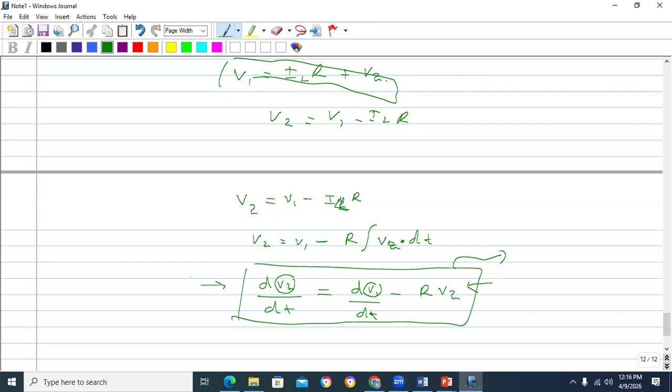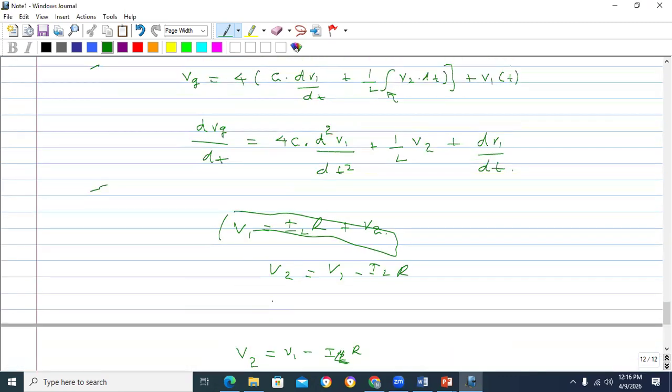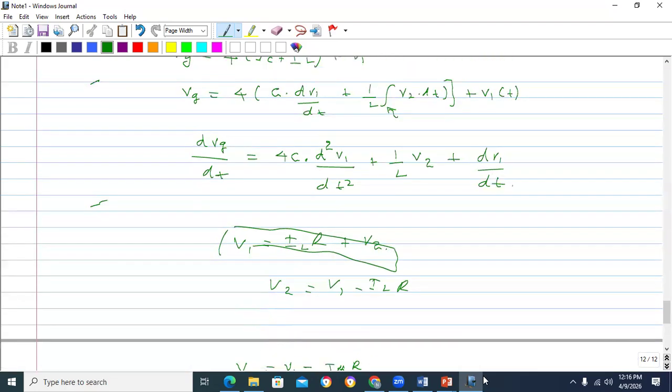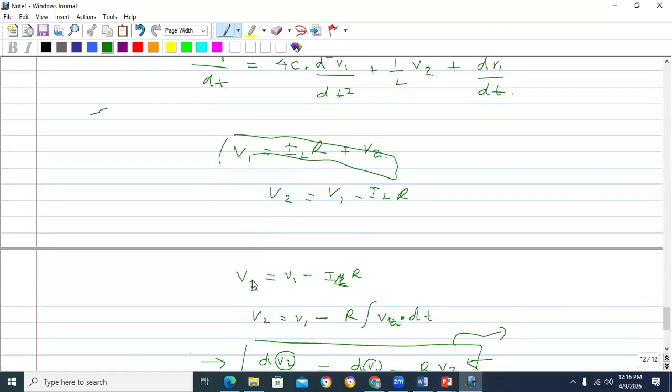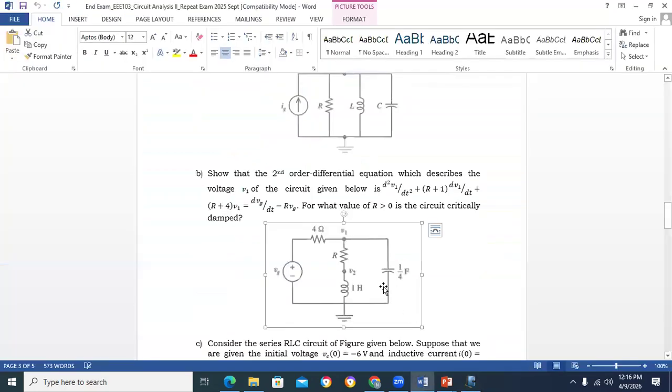Okay, we have to ask it from Darshan sir. Maybe if you have time, you can check with him how to solve this kind of differential equation, or maybe there may be another way. I don't see a way now. If you write the equations for V2, definitely there will be some differential equation again. But you can get two differential equations.